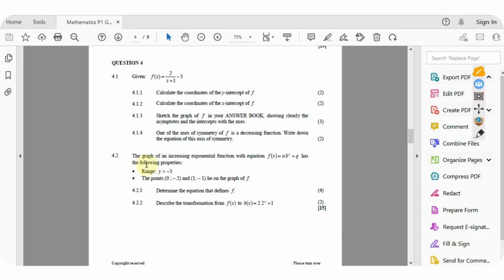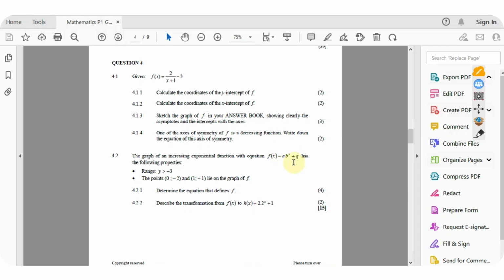For 4.2, the graph of an increasing exponential function with equation f of x equals a multiplied by b to the power x, plus q. Realize that this x is the exponent of b alone, not the exponent of both a and b.